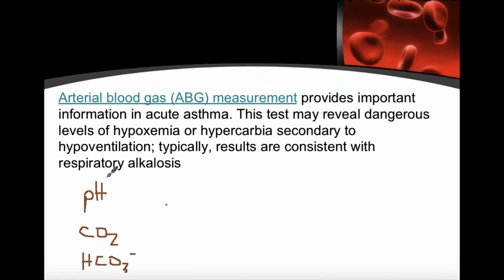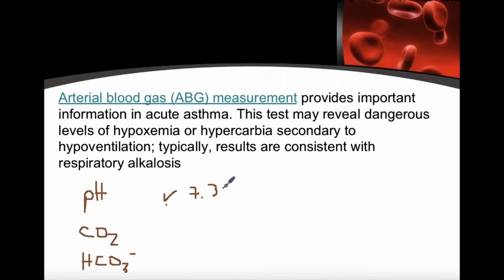Now, I don't have these numbers memorized. I think the pH is 7.35 to 7.45. I think the bicarb is 22 to 26, so that makes the CO2 35 to 45.